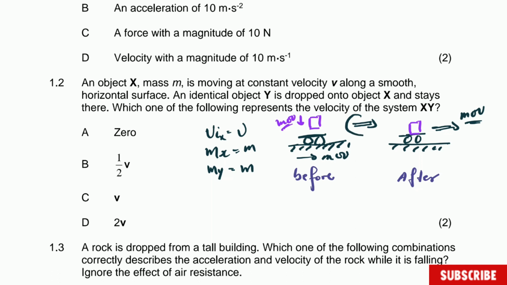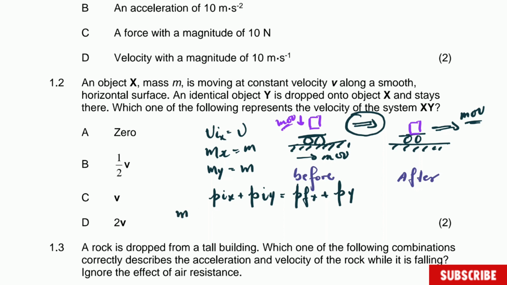In this case, momentum is going to take the direction to the right. Therefore, the initial momentum of object x plus the initial momentum of object y is equal to the final momentum of object x plus the final momentum of object y. This one is the law or principle of conservation of momentum.